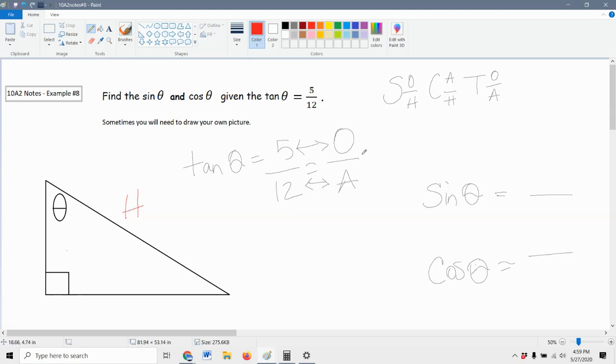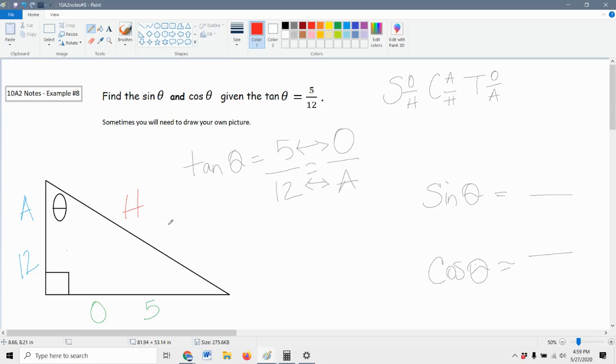That's telling us that the opposite side is 5. And of course, the opposite side is that side all the way across from the angle theta. And we're told it's 5 long, right? Now, the adjacent side is the side that is right next to theta, and it's 12 long.